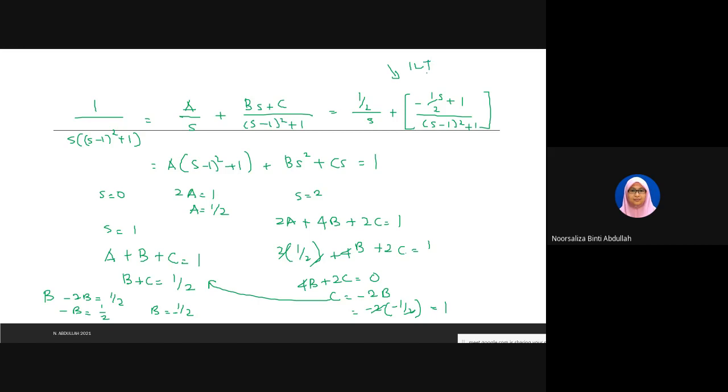Try to get the inverse from this equation. Senang je kan? You dapatkan inverse untuk this one, and this one you pecah dua. You dapat minus 1 over 2 s divide by (s minus 1) square plus 1, plus 1 over (s minus 1) square plus 1.